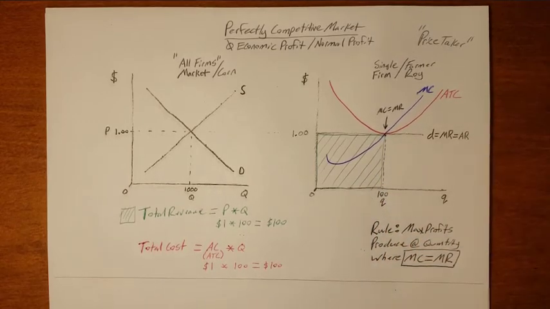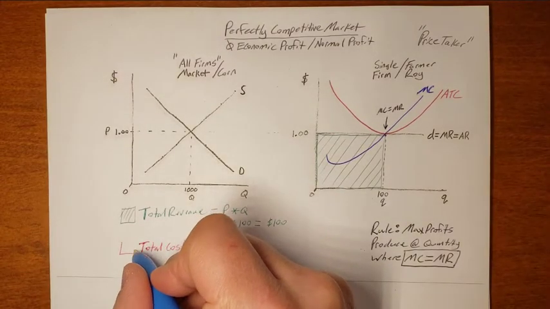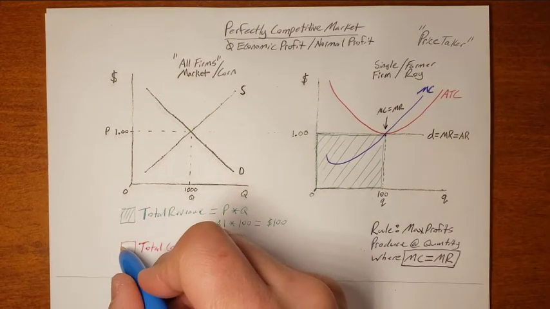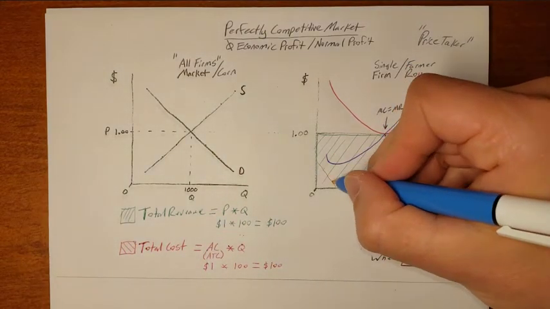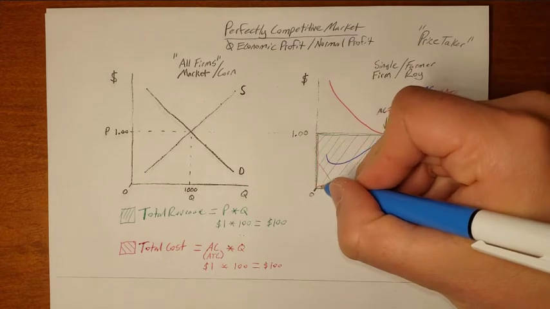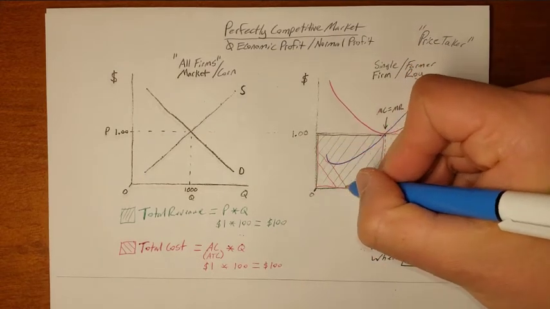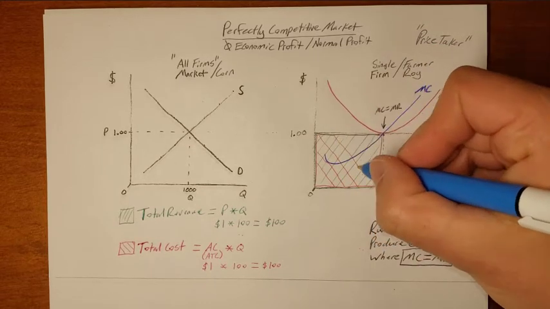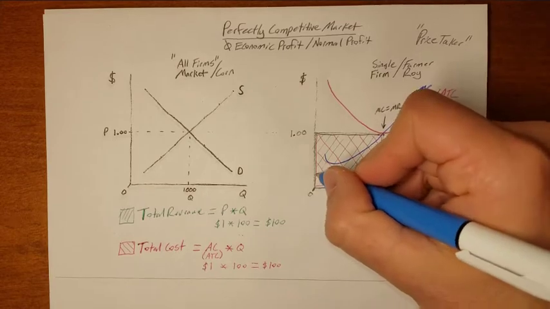Okay, that's your total revenue. The total cost could be shaded in red, and I'll shade it in a different direction. But the total cost is actually going to be the same area. And notice that they're exactly the same area.